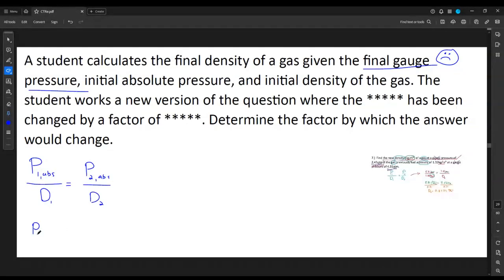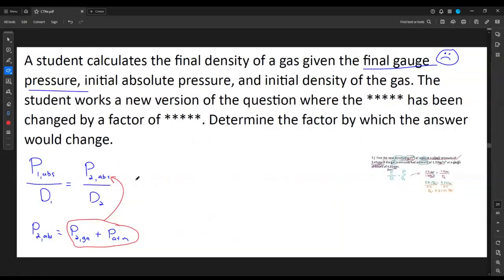So this P2 absolute that we have to plug into this equation is going to end up coming from the gauge pressure here and then the atmospheric pressure added to it. So that's the slightly tricky part. So this stuff is equal to that P2 absolute. And so then we're going to have to plug in for here.